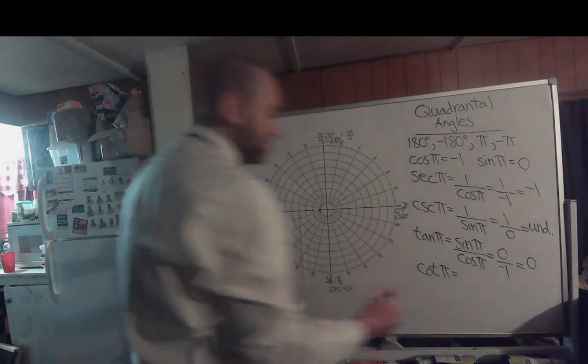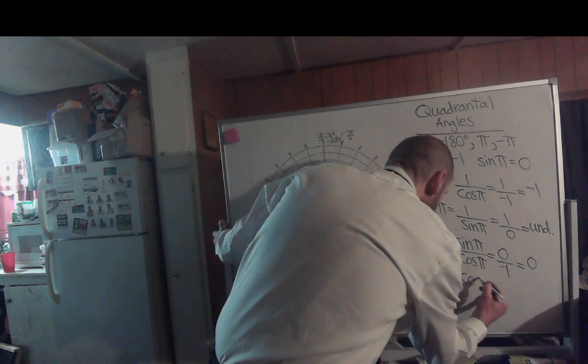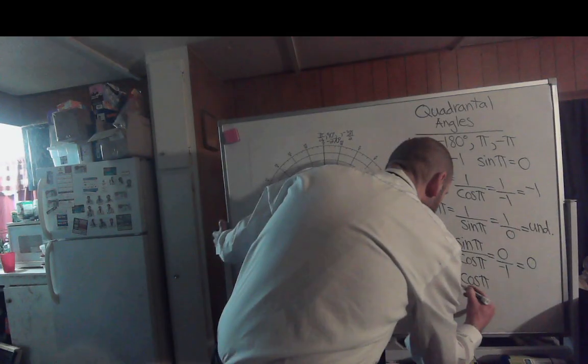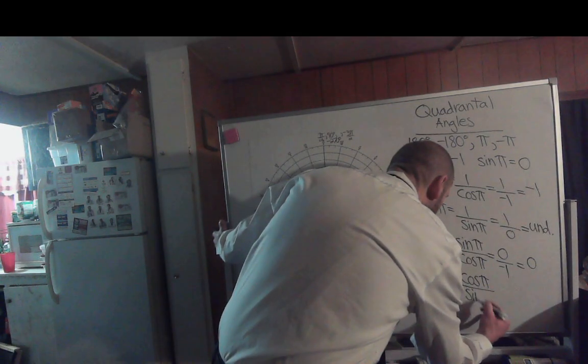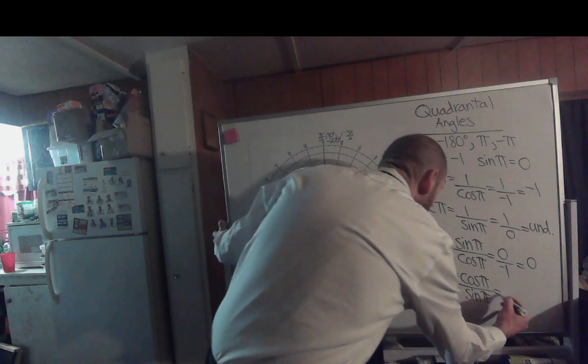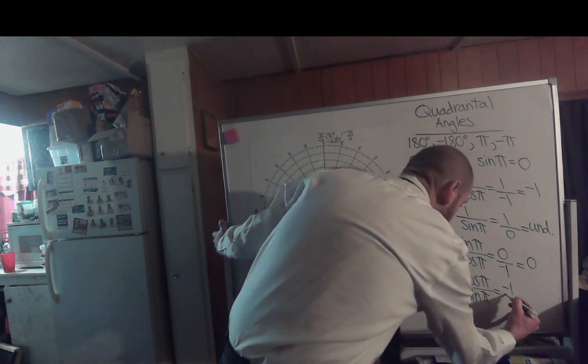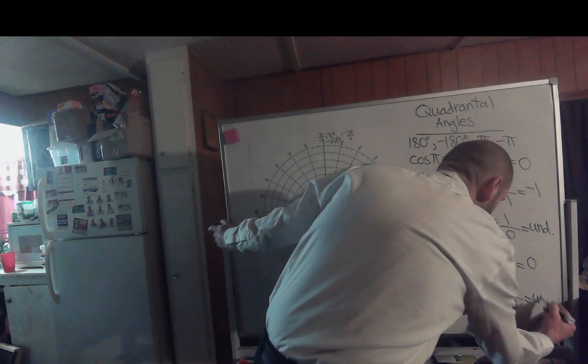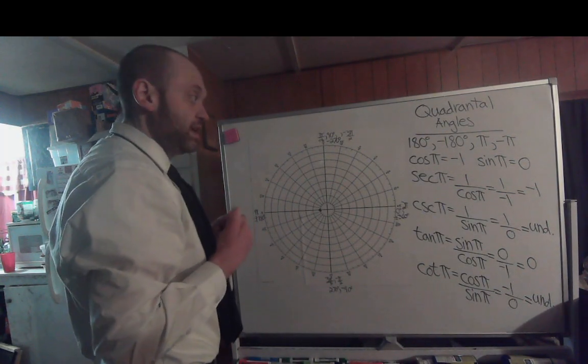Well, the cotangent this time is going to be the cosine of pi divided by the sine of pi, which would give you negative 1 divided by 0, which would make the cotangent of pi undefined. So the cotangent of pi is undefined.